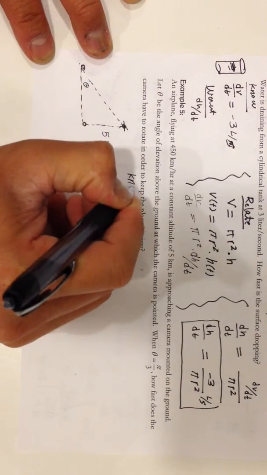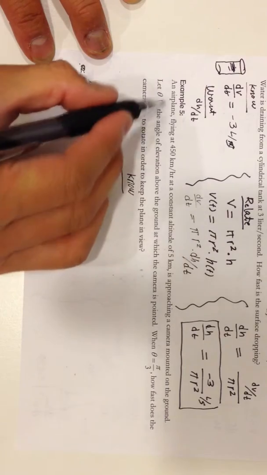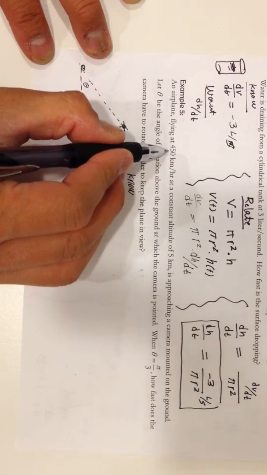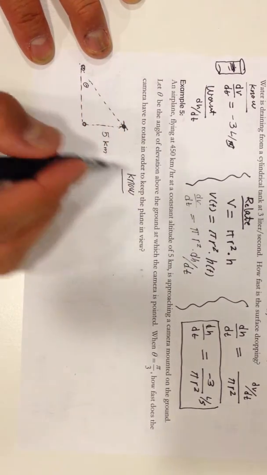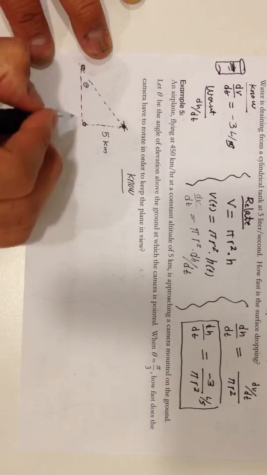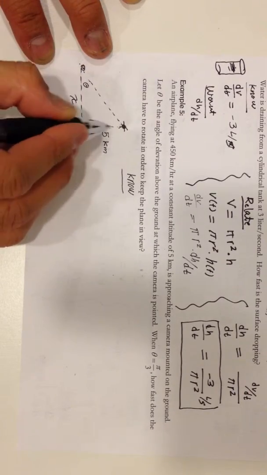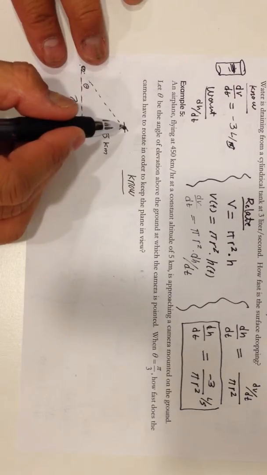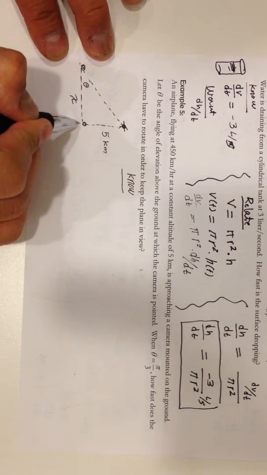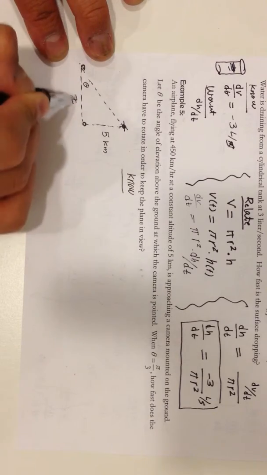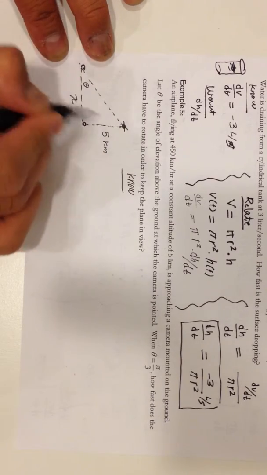So here's what we know. We know from reading the information that the plane is moving at 450 kilometers per hour. If we let x equal the distance from the projection of the plane on the ground to the camera, then x would be the horizontal distance.